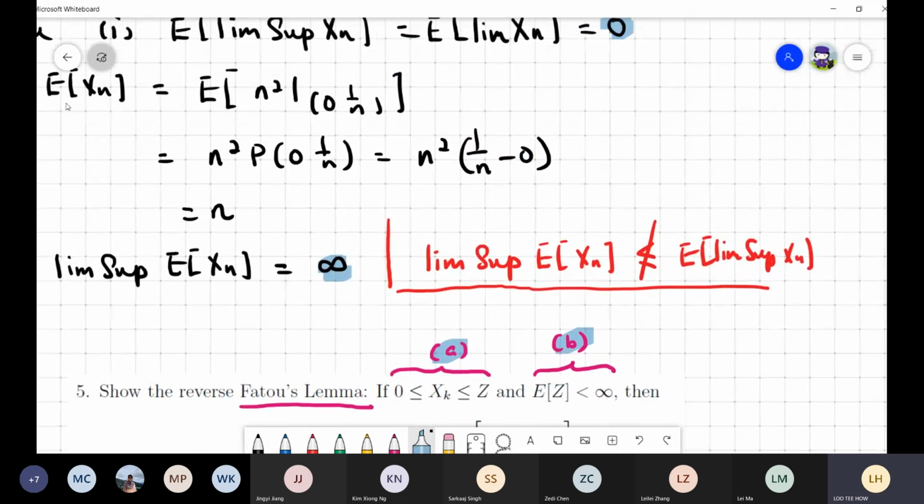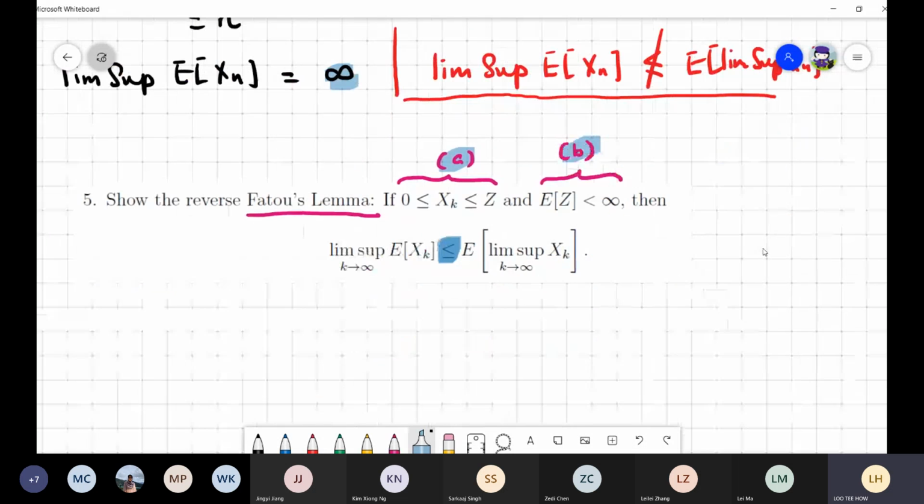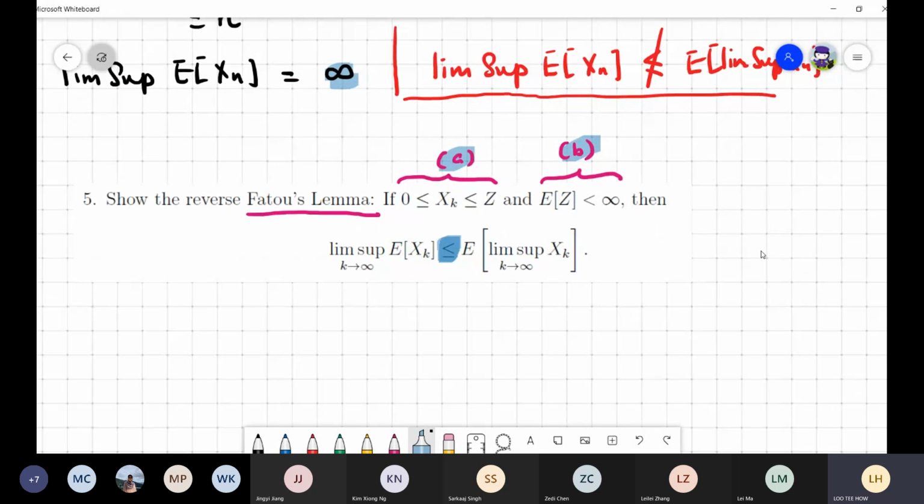You can look at our E of xn, which is always equal to n. Yeah, so we look at this. So because E of xn is equal to n.